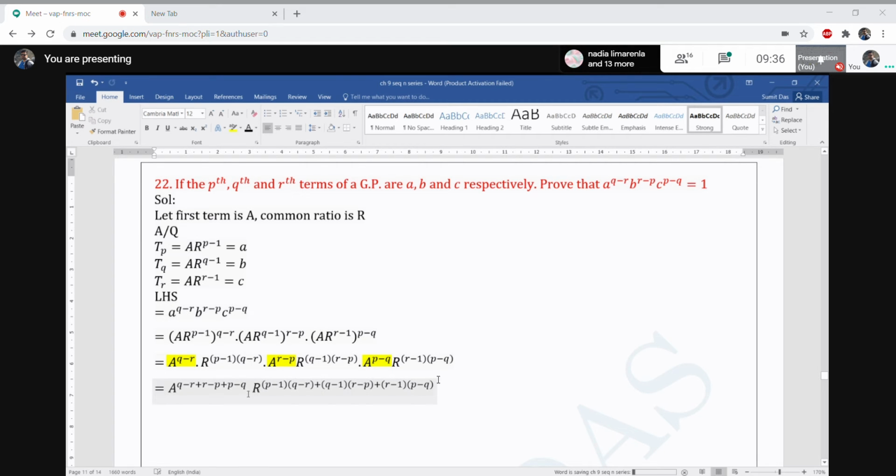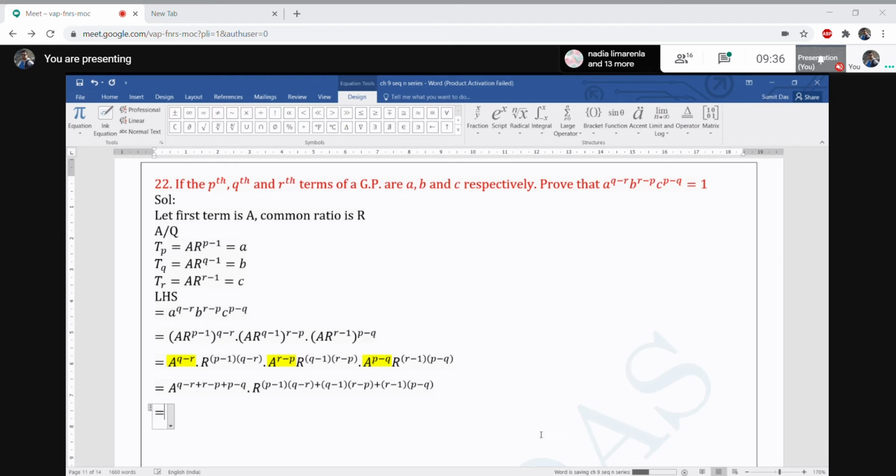You can see, now A to the power: R cancels, minus P plus P cancels, and Q cancels. So it will be A to the power 0 into R to the power, I'm just opening all the brackets.